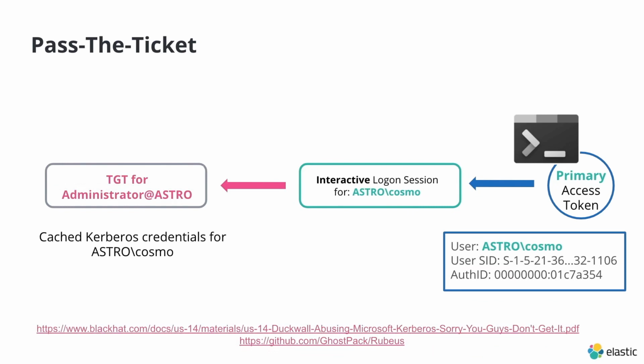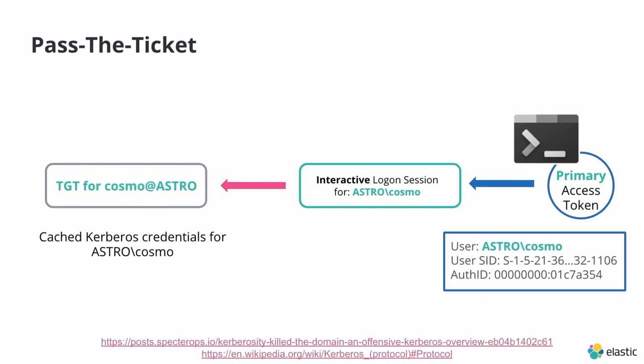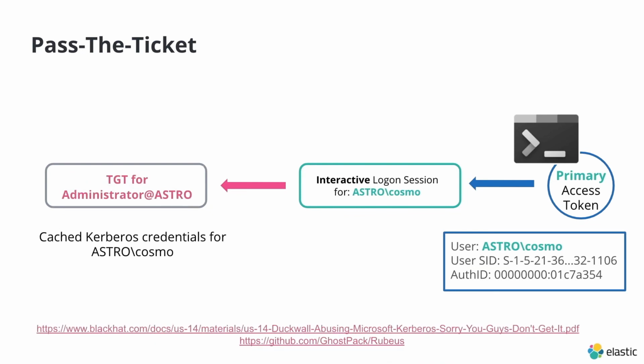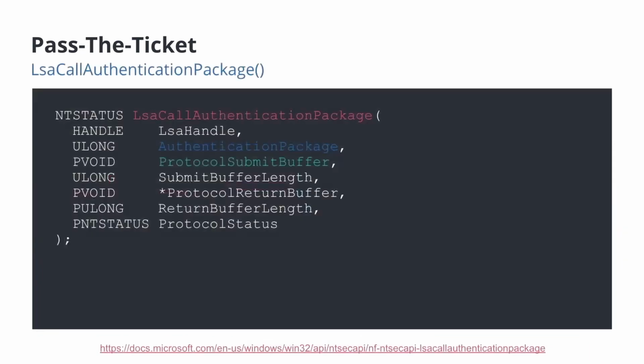And what pass the ticket does is it allows you to just basically arbitrarily change the credentials associated with your logon session. So you can just apply a TGT for a domain admin, and then you can access the domain as that user. The magic is mainly done by this LsaCallAuthenticationPackage function, which basically makes an RPC call to the Kerberos provider.